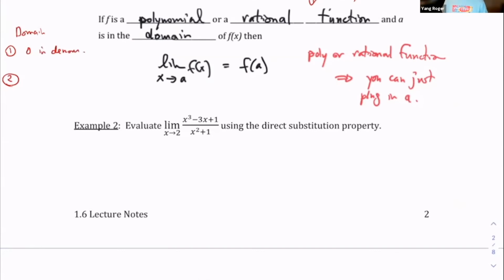Does anyone know what the second one is? It involves a square root or a fourth root or a sixth root or an eighth root. So when we write something like this, that's called the nth root. And if n is even, like a square root or a fourth root, then x cannot be negative.